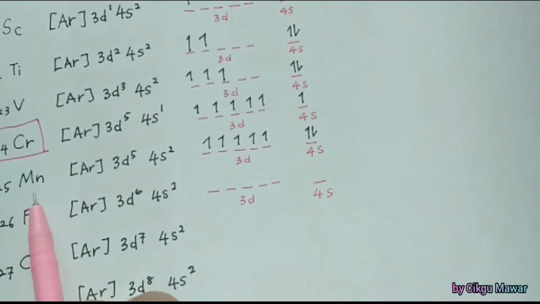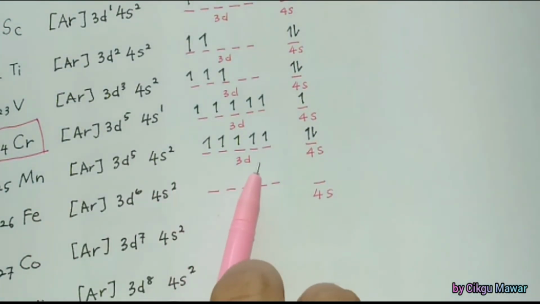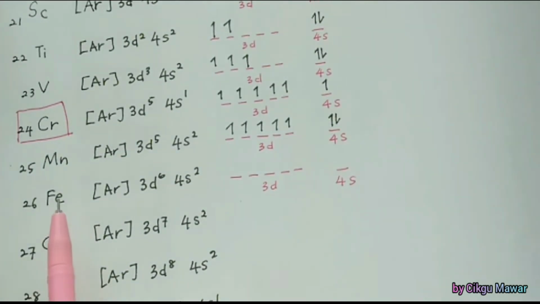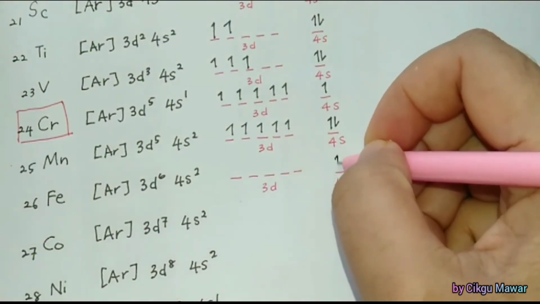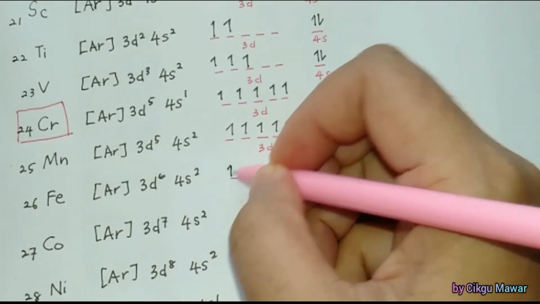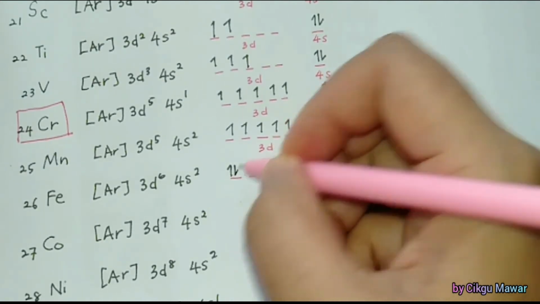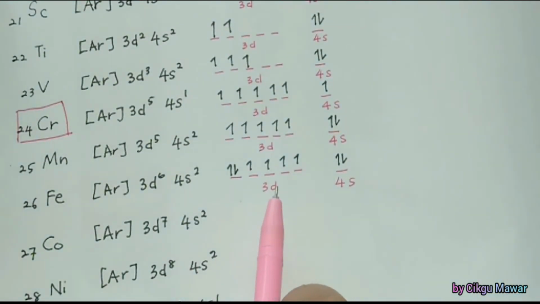So for manganese we have 3d5 and 4s2. For iron, 26, it has 18 for argon, then 19 up to 26. So the valence electronic configuration for iron is 3d6 and 4s2.